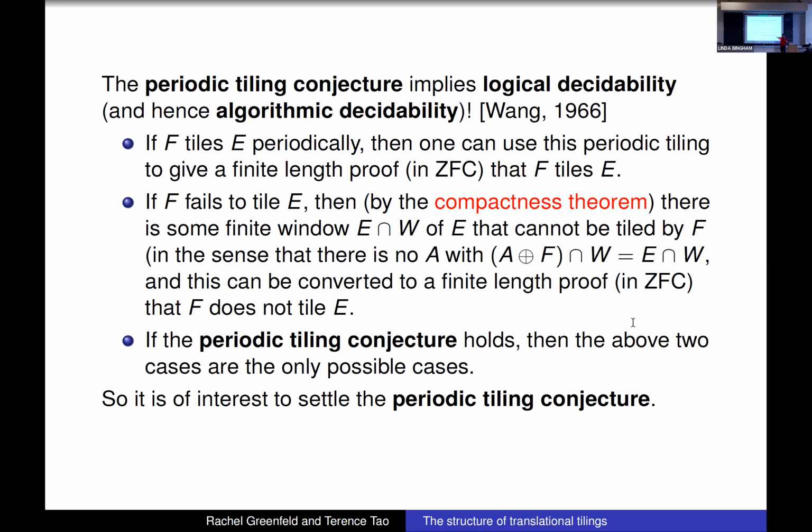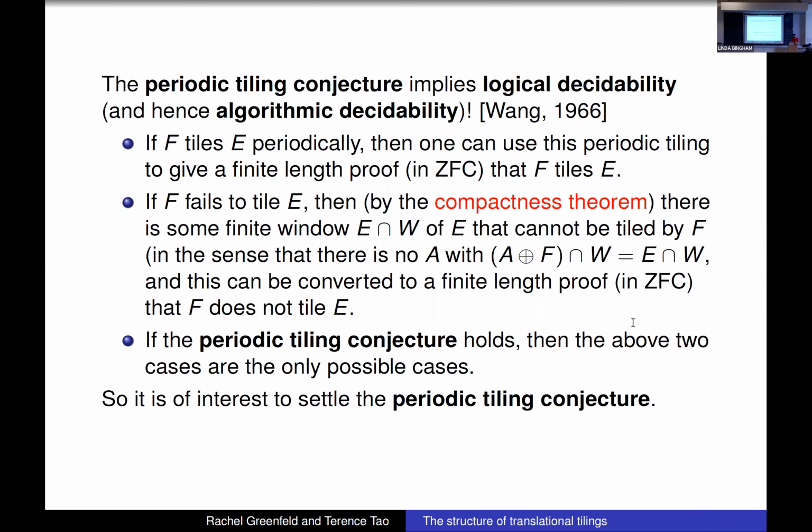So there's some window such that you can't tile inside that window your set E. And so by compactness, such a thing must exist. And then once you have that window, the failure to tile that window can be checked in finite time, and you can code it as a finite length proof in ZFC that you can't tile the window, and therefore you can't tile the whole space.